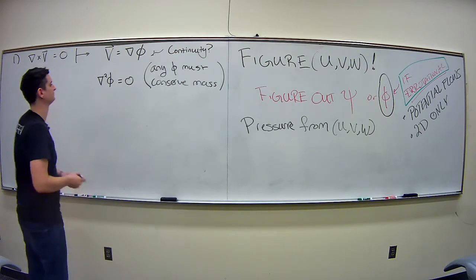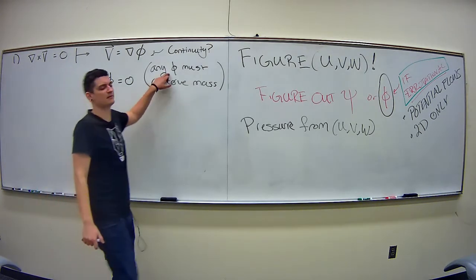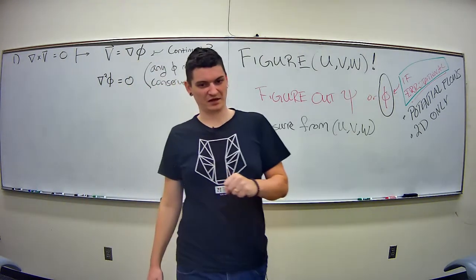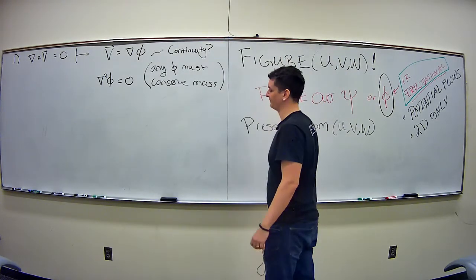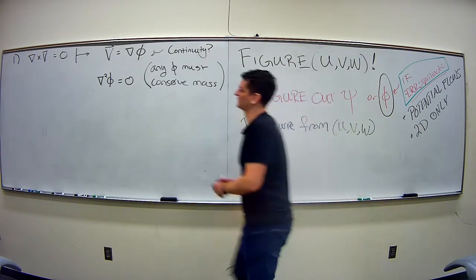Okay? So there's certainly some restricted class of these potential flows that I must have, right? Very importantly, I'll test you on this as well, right?